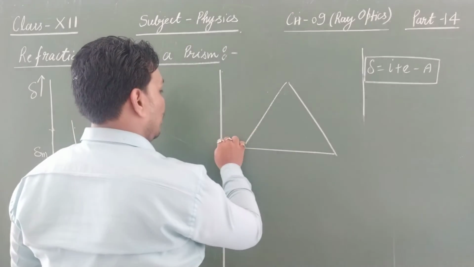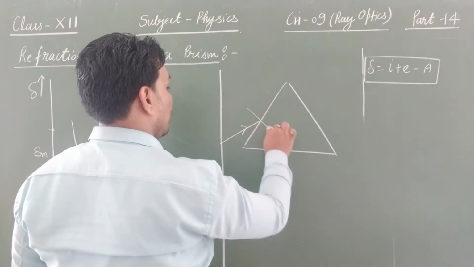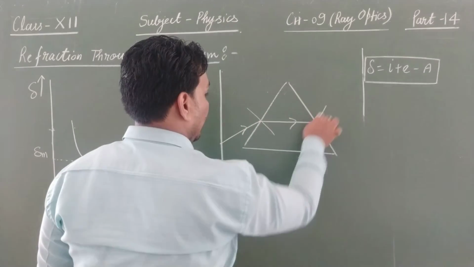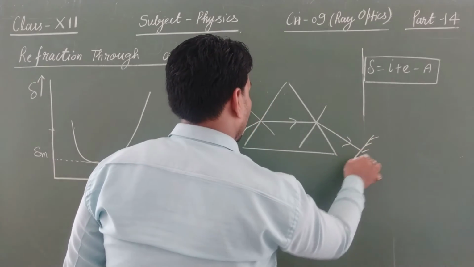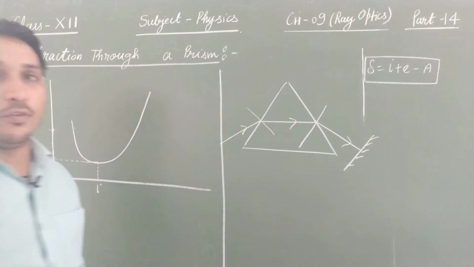Now just try to understand, if this is your angle of deviation, suppose a ray of light goes like this, then again the ray of light goes like this. Suppose I put a plane mirror over here, then what will happen?